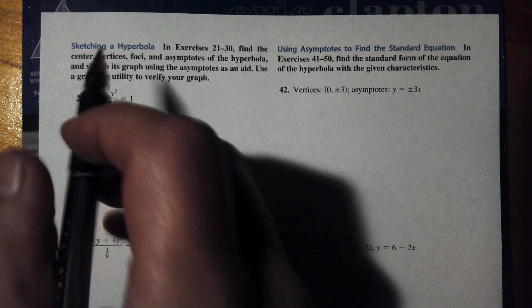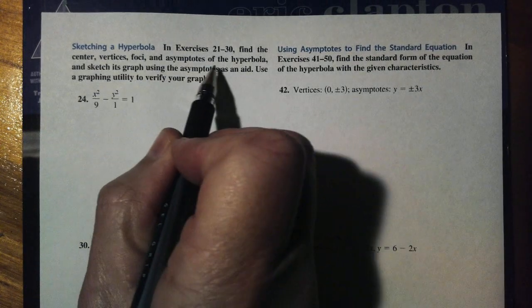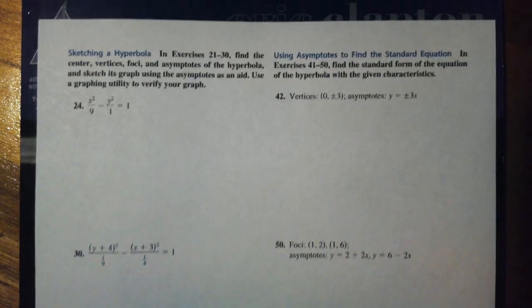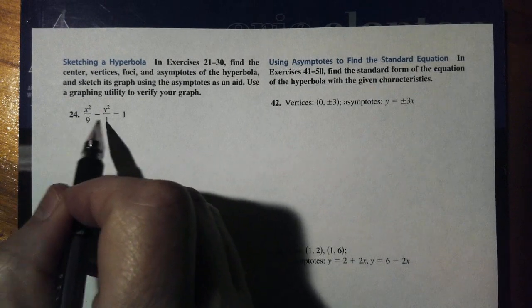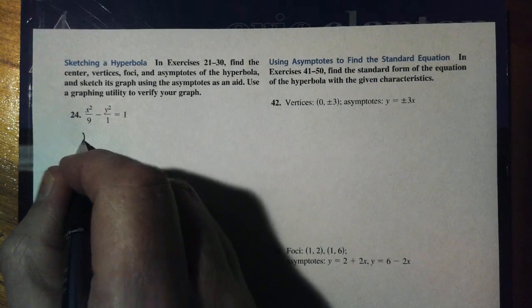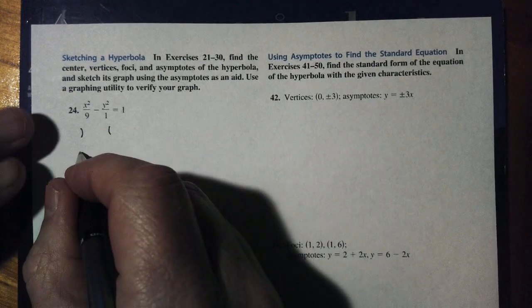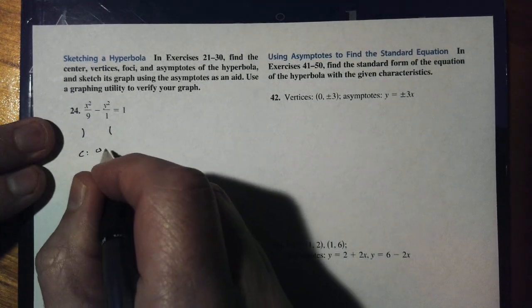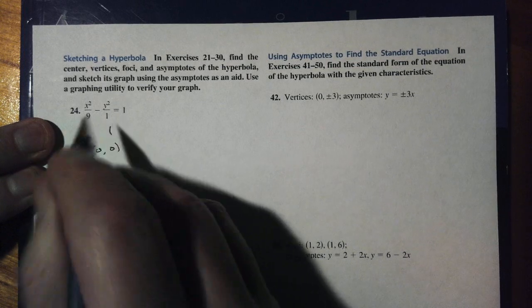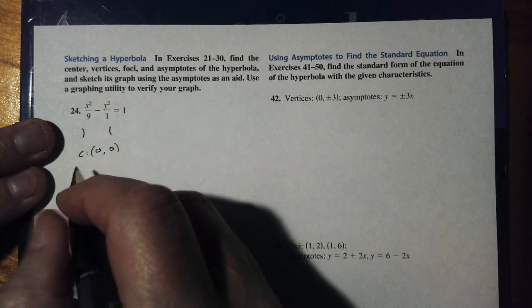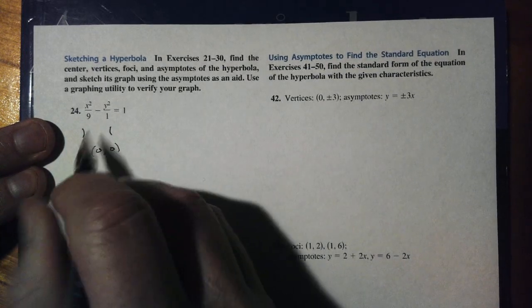Here we go. Find the center, the vertices, the foci, the asymptotes of the hyperbola, and sketch the graph. Okay, things I know just by looking at this. It opens this way. It's a positive x squared. I know the center is 0, 0. It's x minus 0, y minus 0. I know that A is the positive.